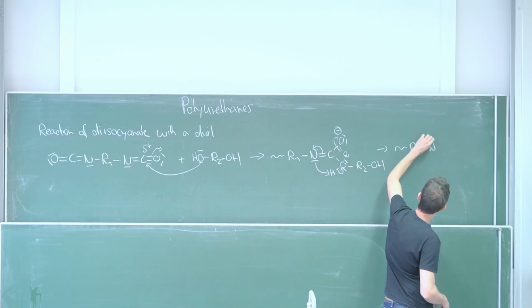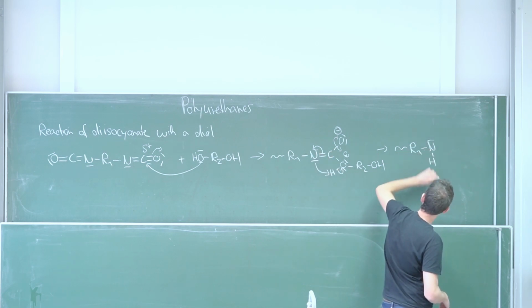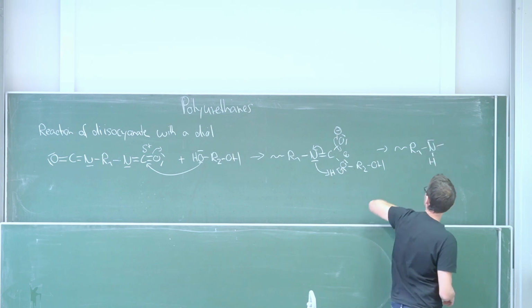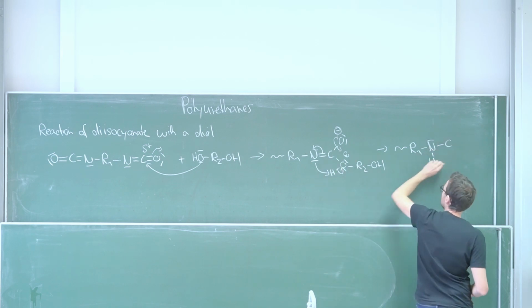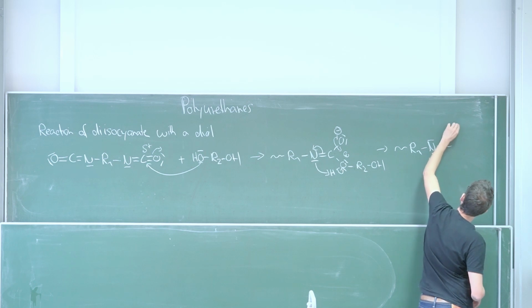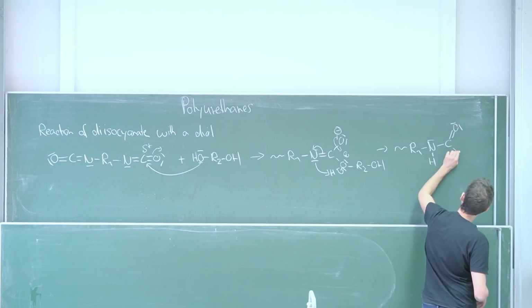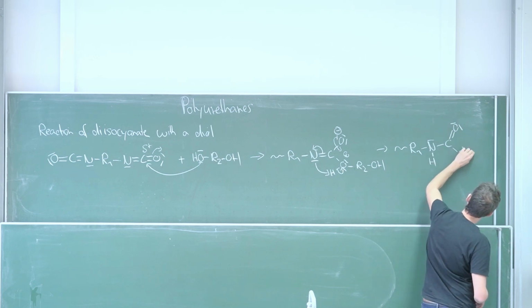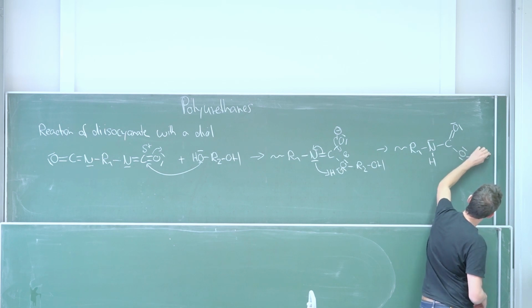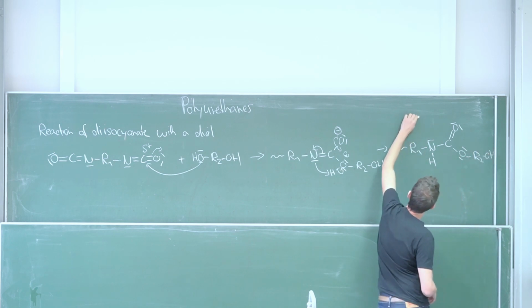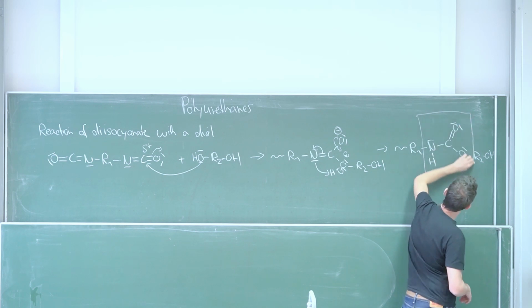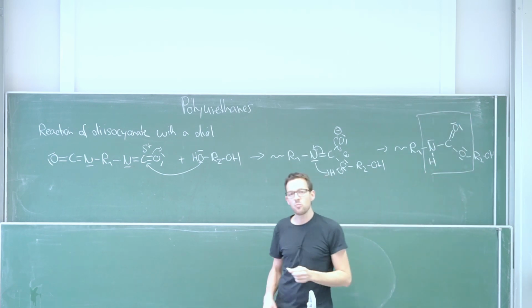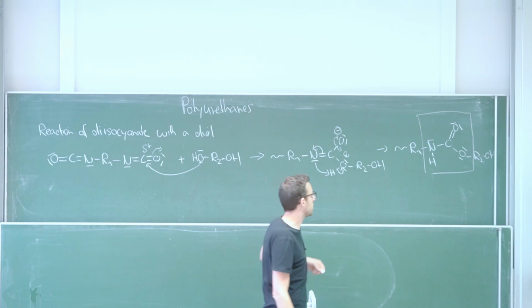This nitrogen now has a lone pair and a hydrogen. Then we have a single bond here to the carbon, a double bond, and this here, this bond type is called a urethane bond.